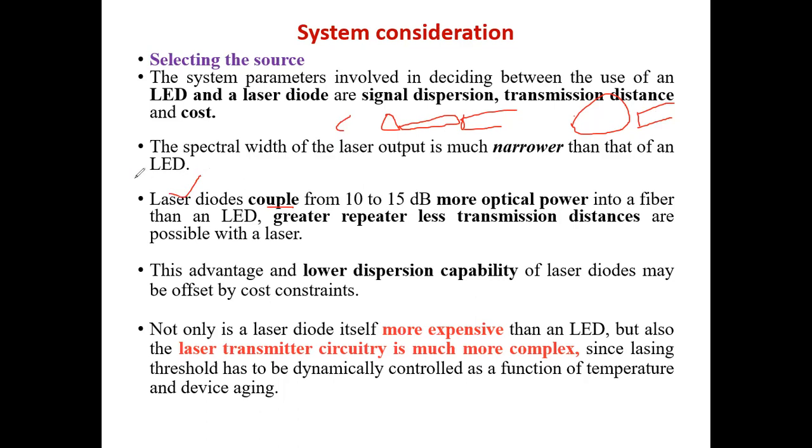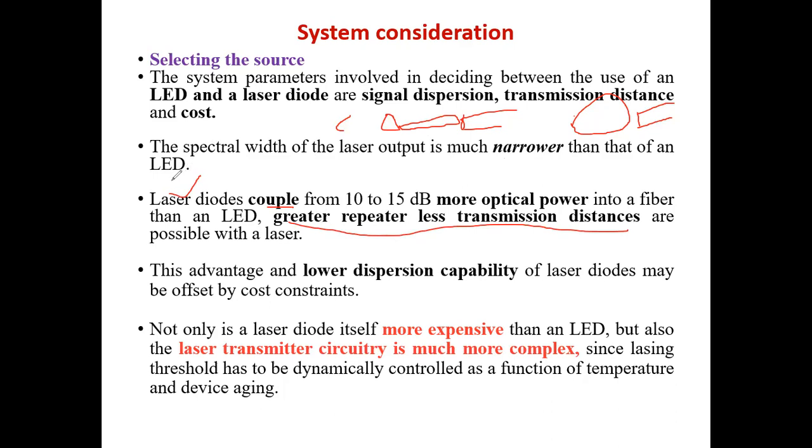Then if I am selecting a laser, I have a greater repeater-less transmission distance. If I'm using an LED for transmission, I have to include repeaters often. If I'm selecting a laser, that repeater distance increases. So again, laser is beneficial.